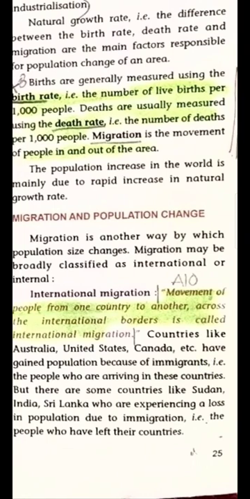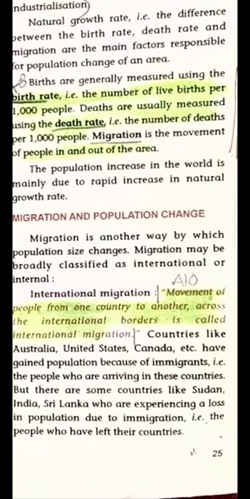Now please children, please focus. Migration is another way by which population size changes. Migration may be broadly classified as international or internal migration. There are two types of migration, children. International migration is the movement from one country to another across international borders.